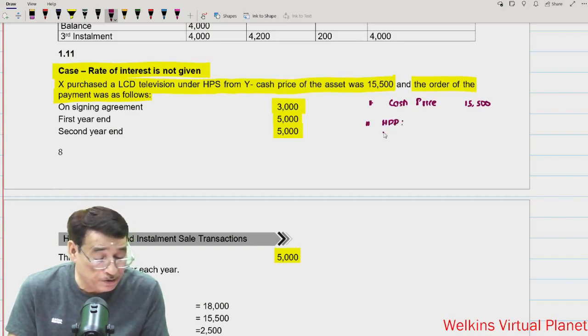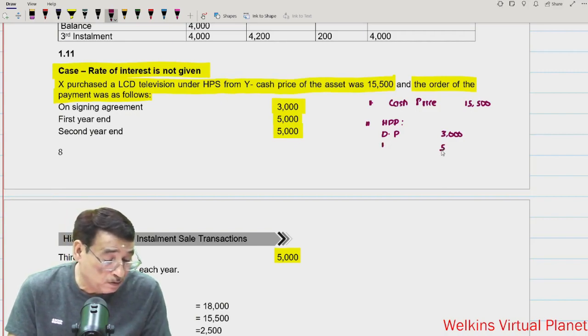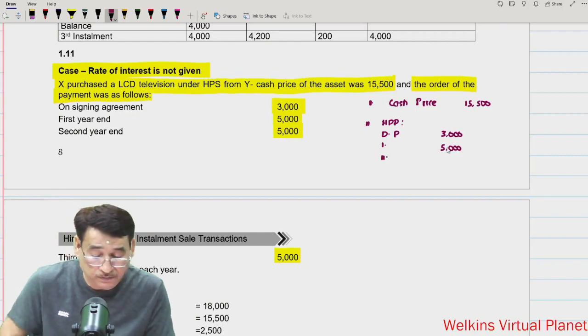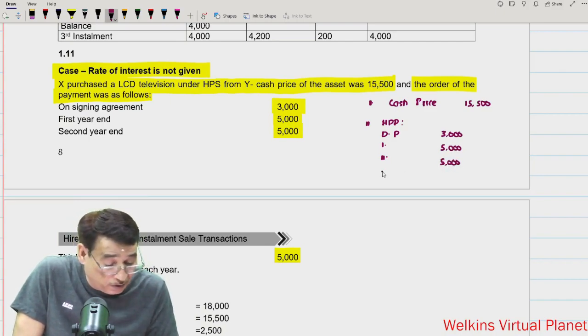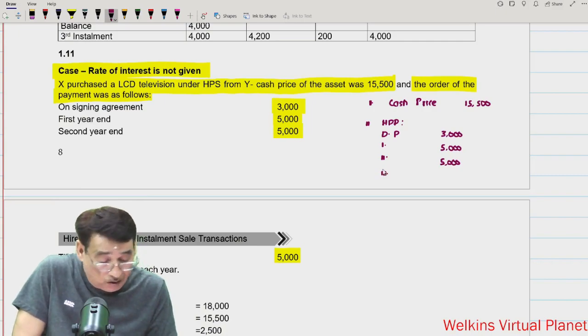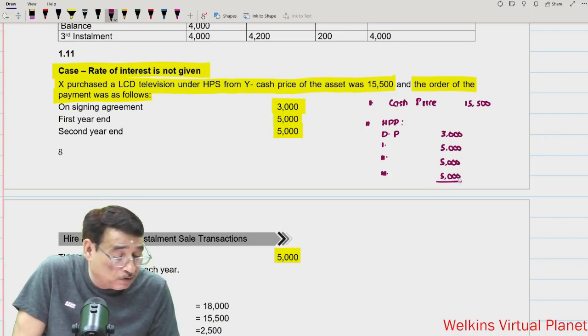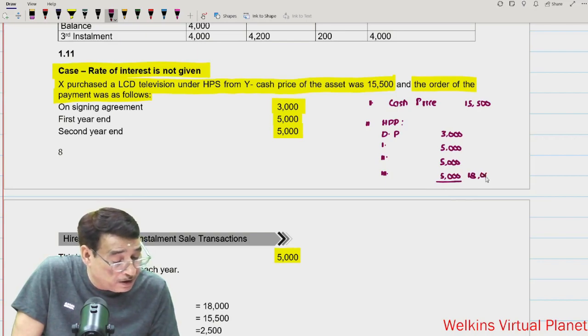We know that the hire purchase price is the down payment, which is given in the question as 3,000. Then the first installment is 5,000. Second installment is 5,000. And third installment is 5,000. So the total is equal to 18,000. So the hire purchase price is 18,000.